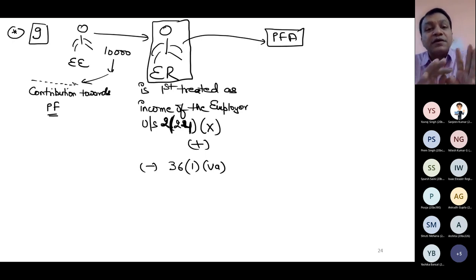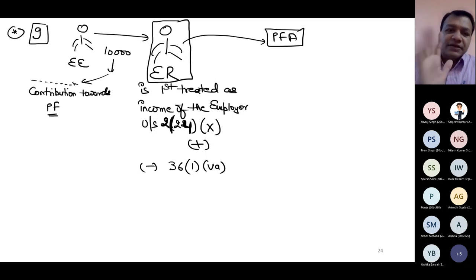In one company there may be 1,000 employees, so by default it becomes a compulsion that every employee has to contribute this much amount to his provident fund, and it will be deposited through the employer. So the employer is acting as an intermediary only.